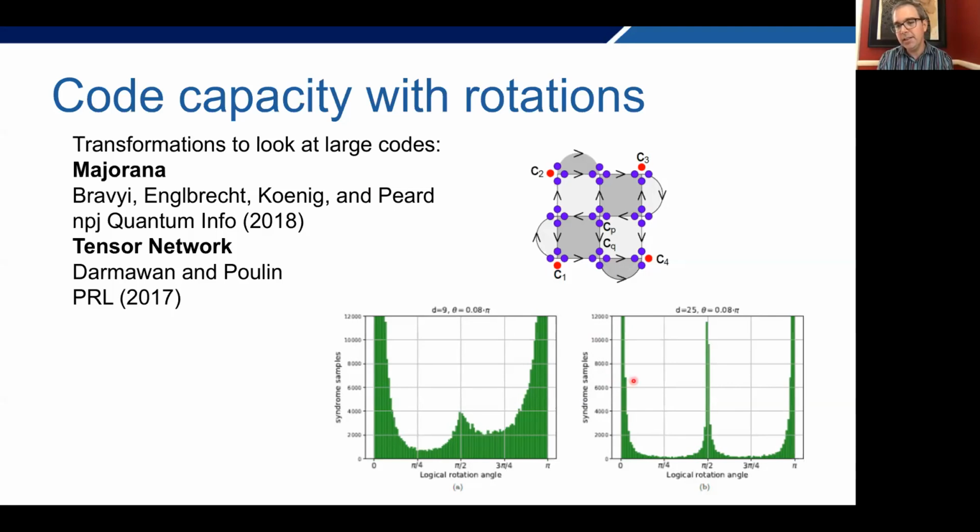And what you see is that as the size of the surface code gets larger, you basically limit to very small angle rotations and basically no error. And then this little peak at pi/2 is actually due to the decoder not being perfect, which is intriguing.